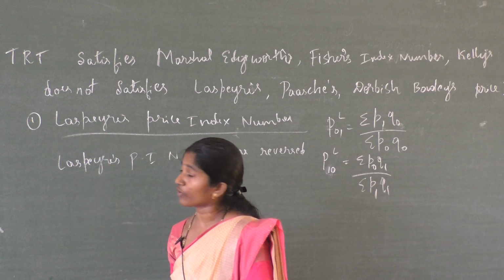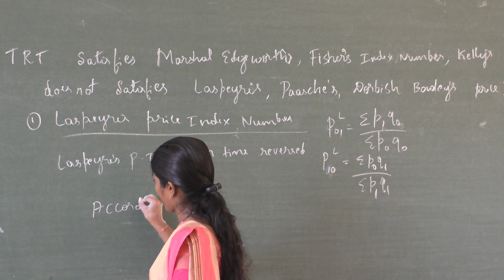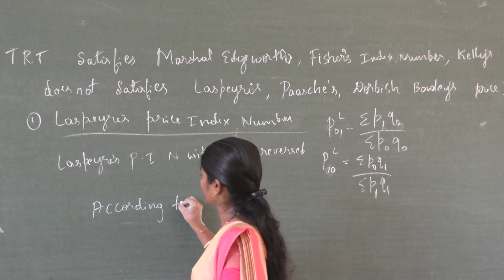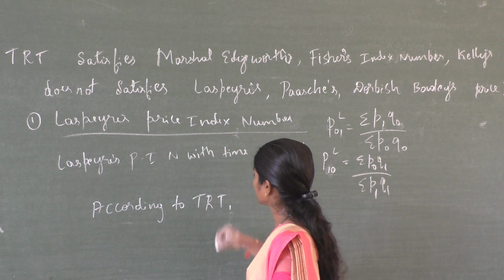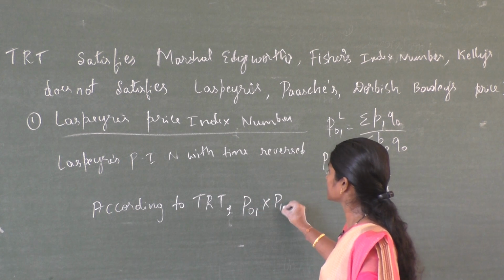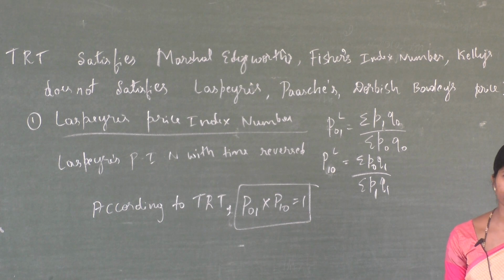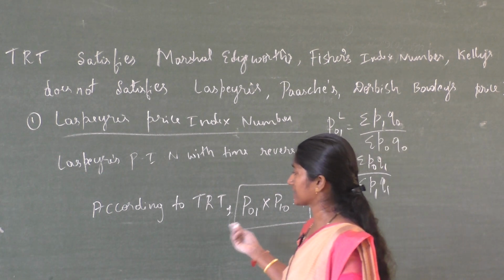Then what is our formula of TRT? According to TRT, P01 into P10 equals 1. This is our formula in the testing.